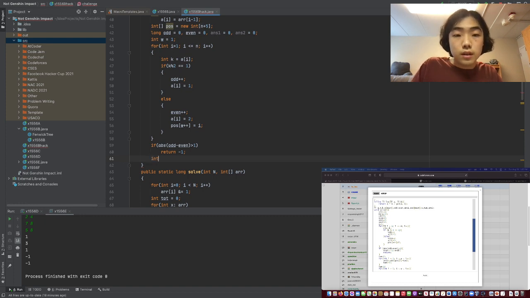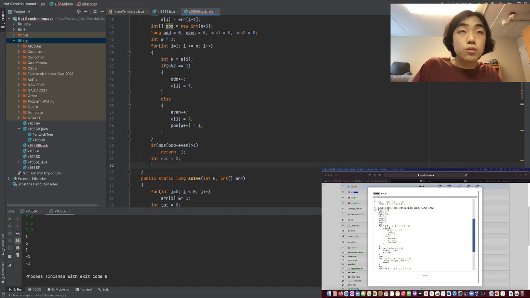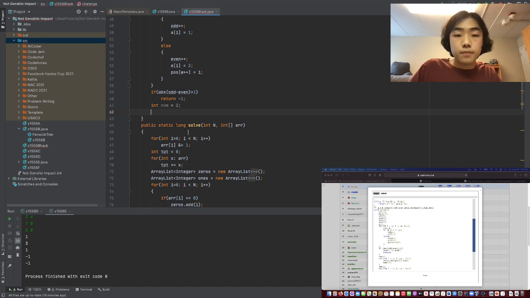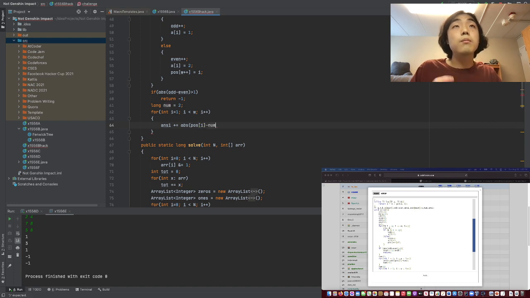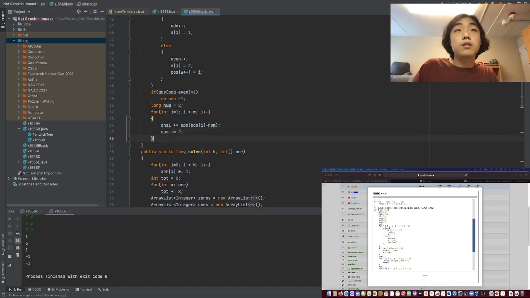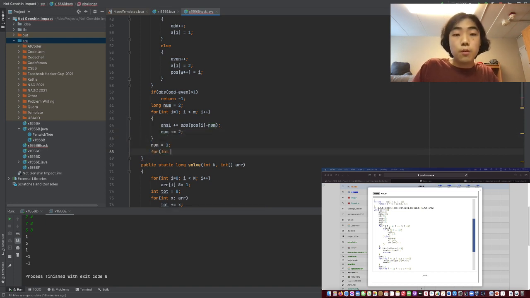Otherwise, int num is equal to 2. For int i is equal to 1, i strictly less than W, i plus plus, we do answer 1 plus equal to absolute value of position i minus num. And then num increases by 2, and then num is equal to 1, for int i is equal to 1, i less than W, i plus plus.